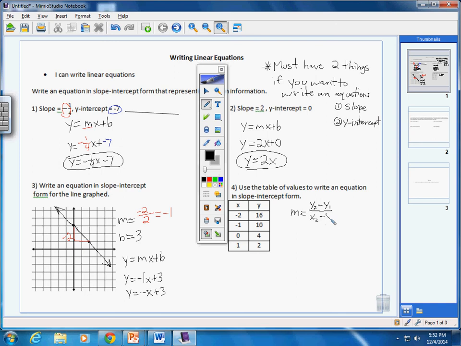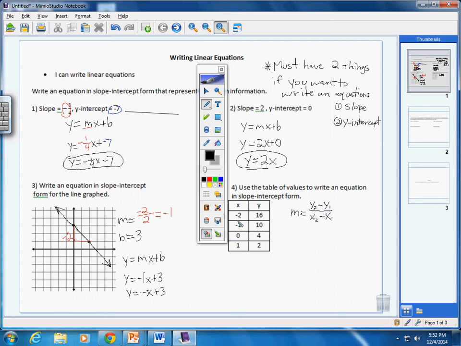Okay? And it's very easy, really, because you just have a bunch of points. You could graph them on a graph, I suppose, if you wanted to take the time and graph the points. Then you could do it the same way we did number 3. But that's not always handy. You don't always have a graph there, and you don't always want to draw it yourself. Okay? So it's very easy to find the slope using this formula.